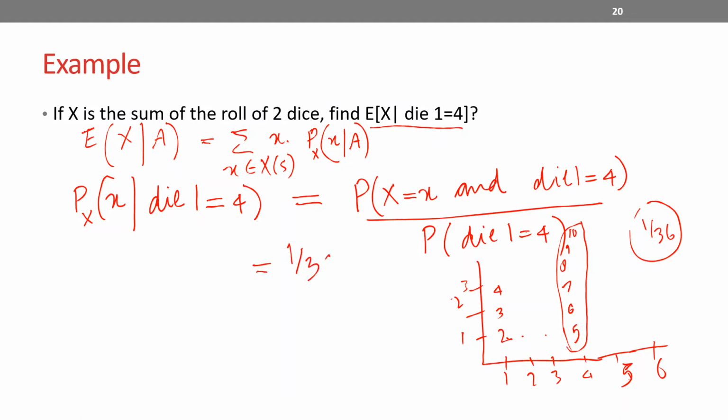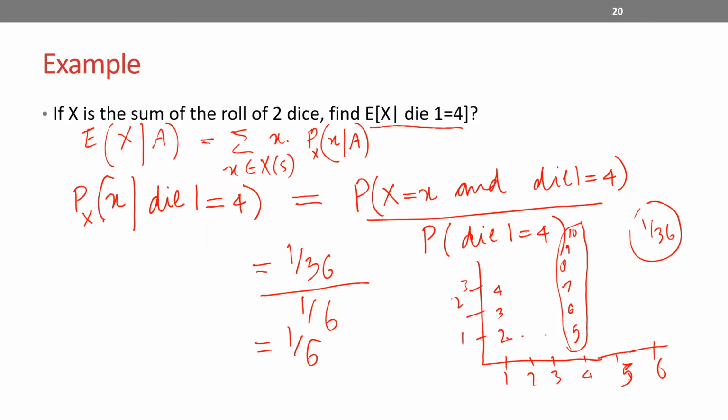So my numerator is 1 over 36. And for my total probability, die 1 equals 4 is just one out of those 6 outcomes, right? So the probability that die 1 equals 4 is 1 over 6. So this conditional probability is 1 over 6, right?